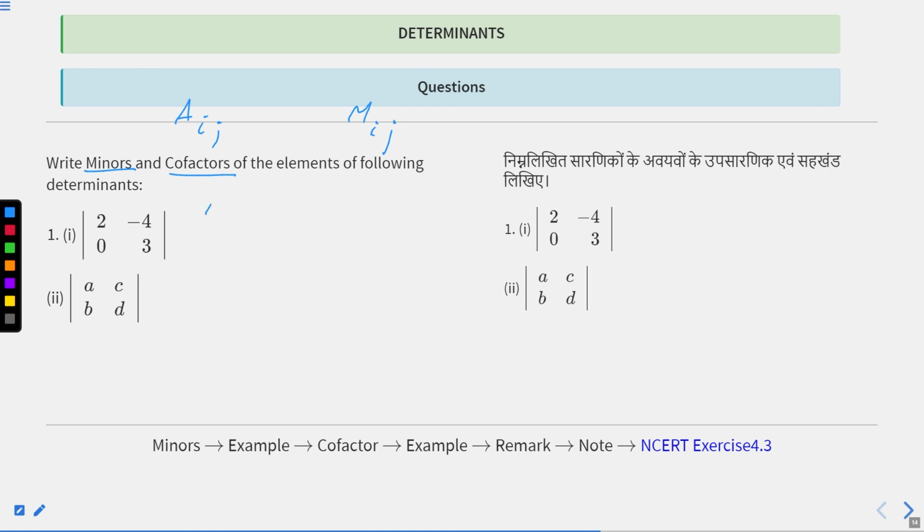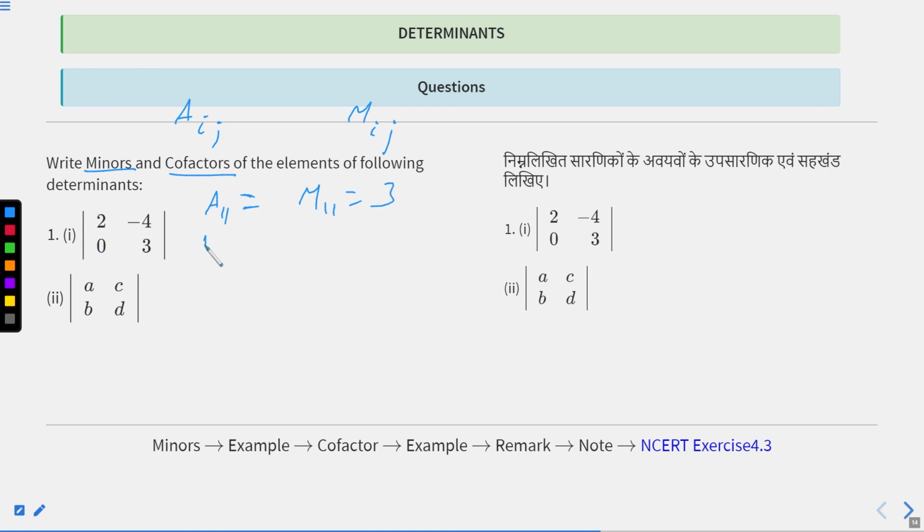So for this position A11, you will have your cofactor as (-1) power 1 plus 1, which will be 2, so it will be plus 1. Now M11: eliminate first row, first column, you are left with 3, so this will be your cofactor.